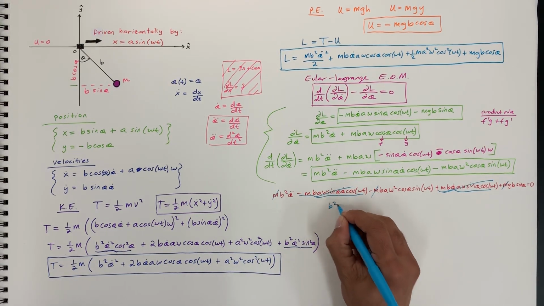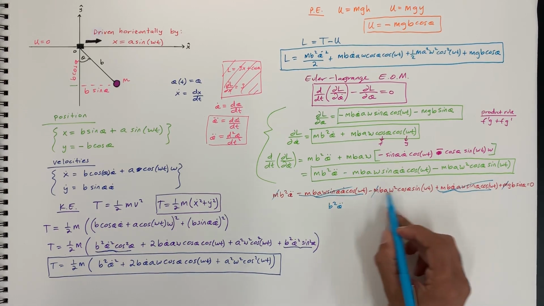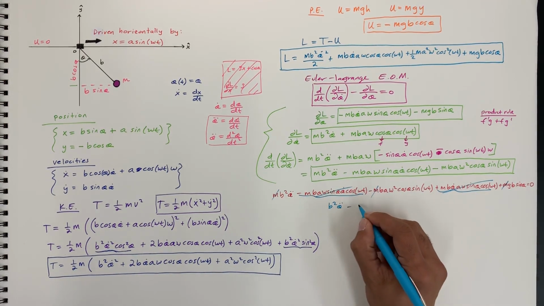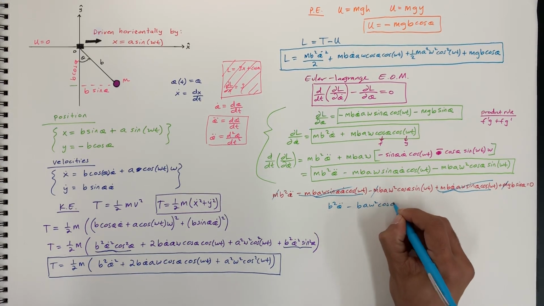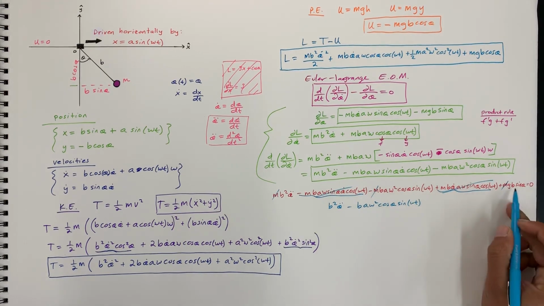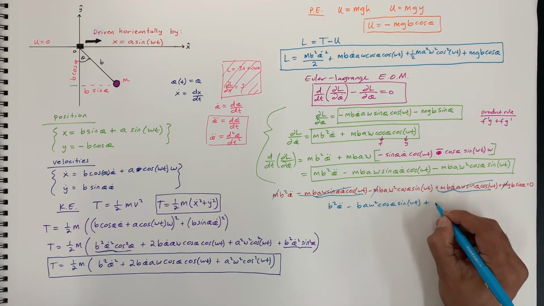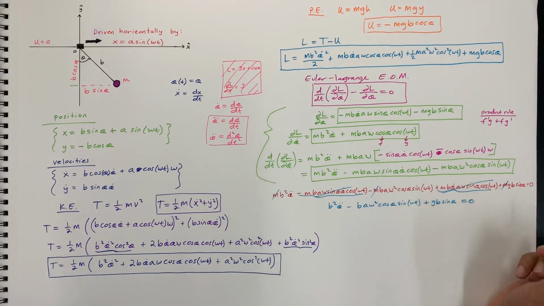We have b squared theta double dot. We have this here, which is minus b a omega squared cosine theta sine of omega t, and we have this last term, which is plus g b sine theta equal to 0.